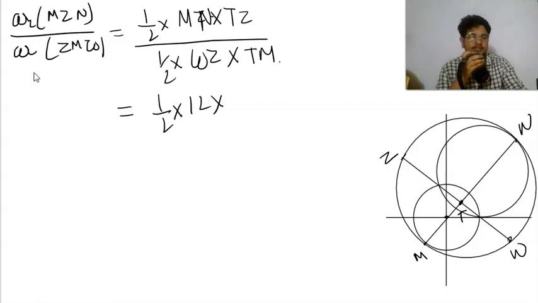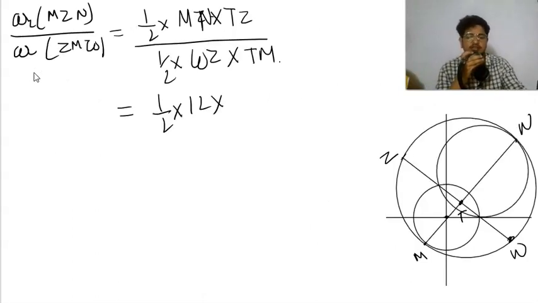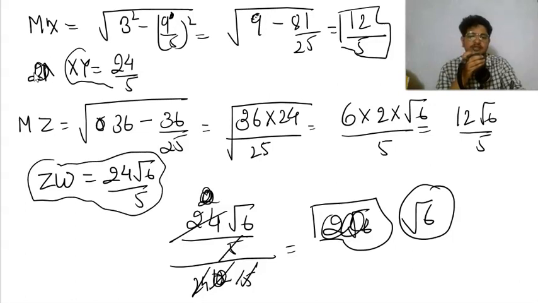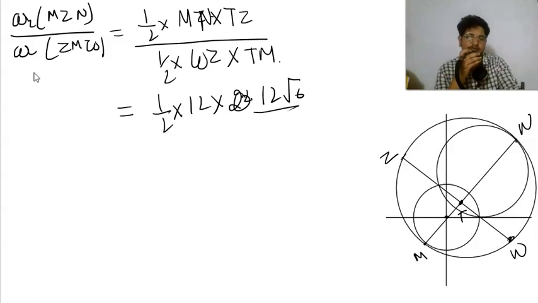We already know that the total distance zw is 24 root 6 by 5, so tz, since xy and zw, is nothing but half of that. So it will give you 12 root 6 by 5.